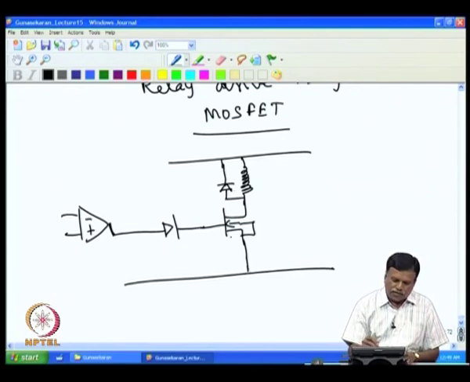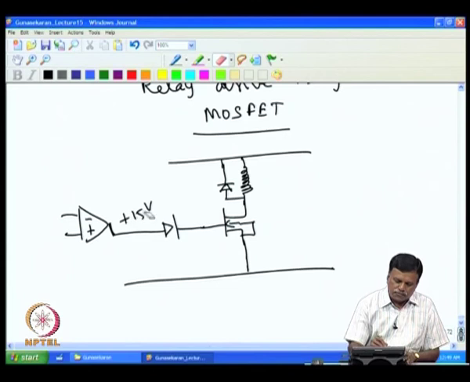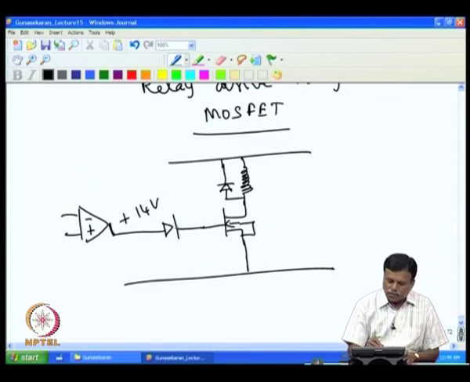So, when it is plus 15 volt, when it goes high you will almost get around 14 volt, and then after one diode drop you will get about 13.6 volt. So, the MOSFET will be on and we need not worry about the current.